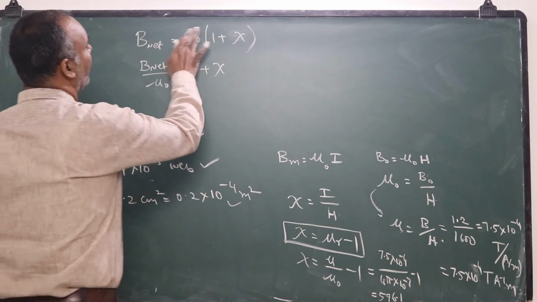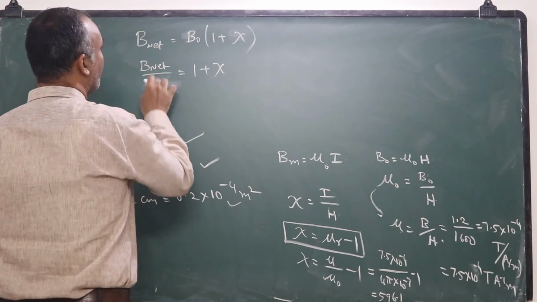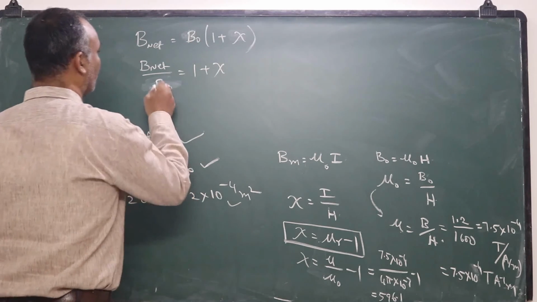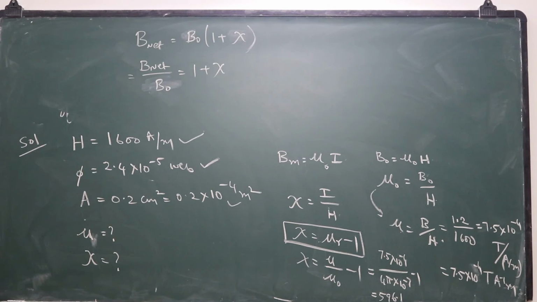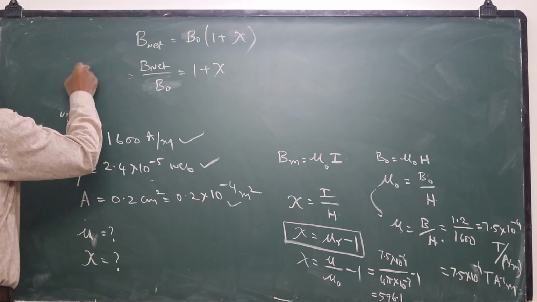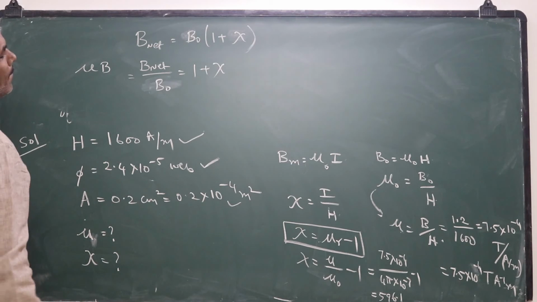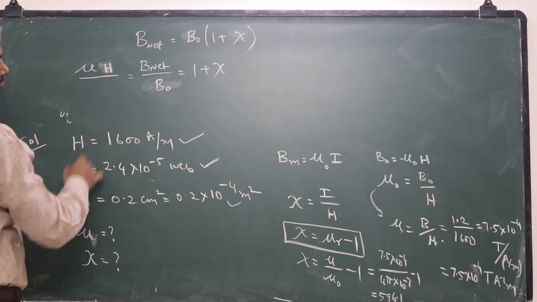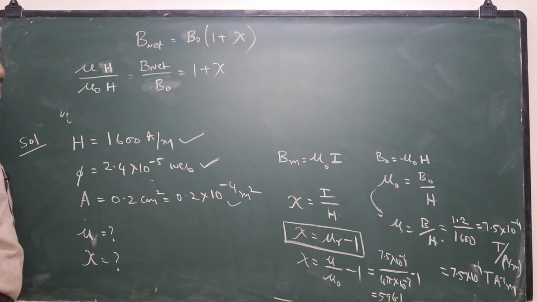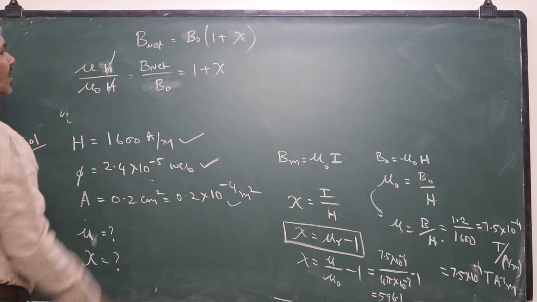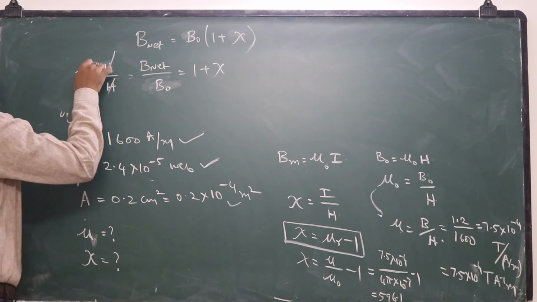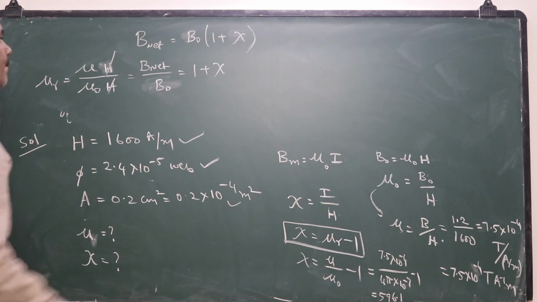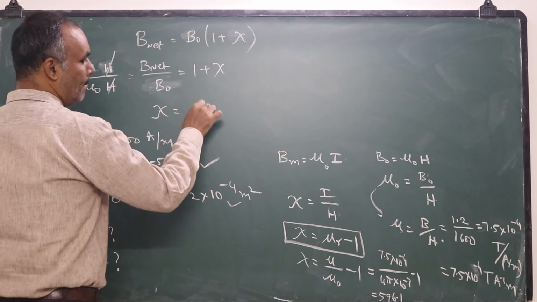Sorry, it is B naught into 1 plus chi. That is nothing but B net is mu into H, and B naught is mu naught into H. H gets cancelled. The ratio of permeability of the medium to permeability of free space is called relative permeability. Chi is equal to mu r minus 1.